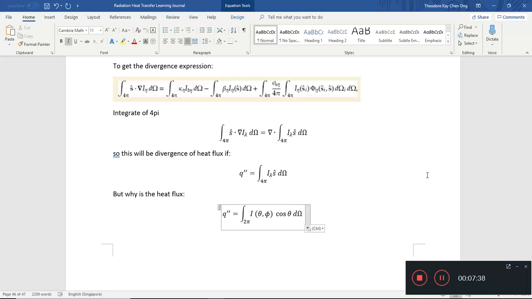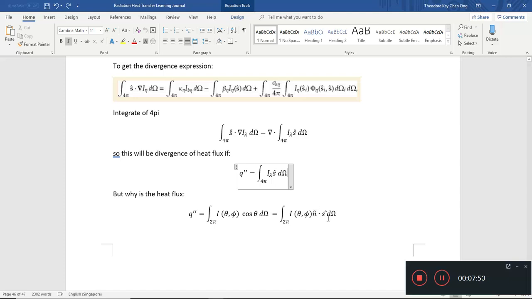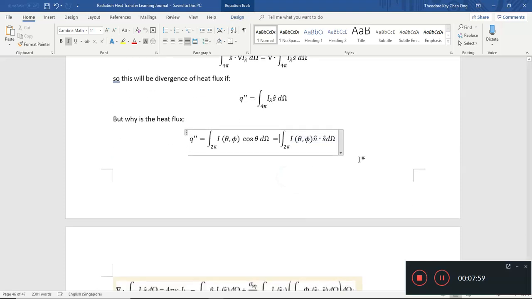And if you notice, cosine theta is n hat bullet s hat. Alright, that was what we were discussing before. So which is which?